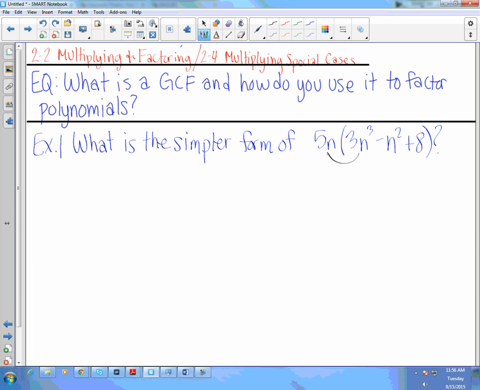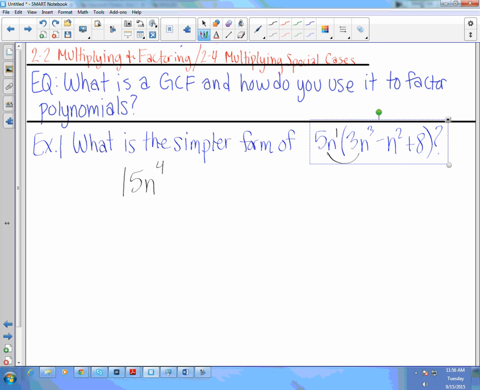Okay, I'll read. What is 5n times the 3n cubed? So the fourth power. Remember, when we multiply, we add the exponents. 1 plus 3 means 4 on the exponent.